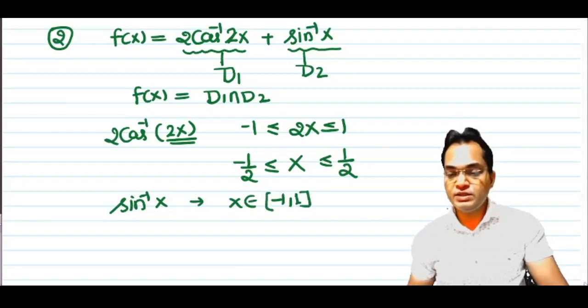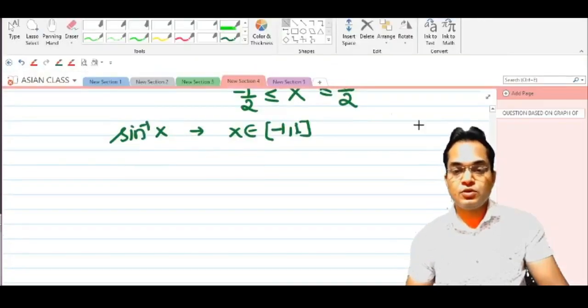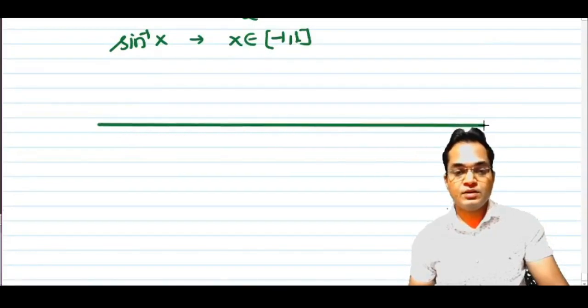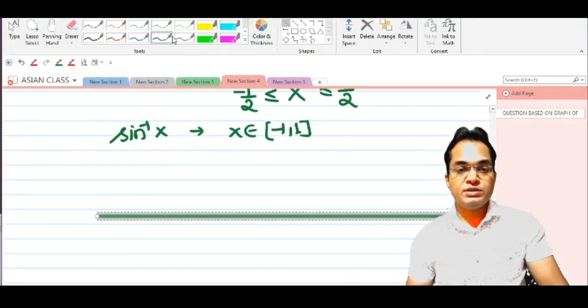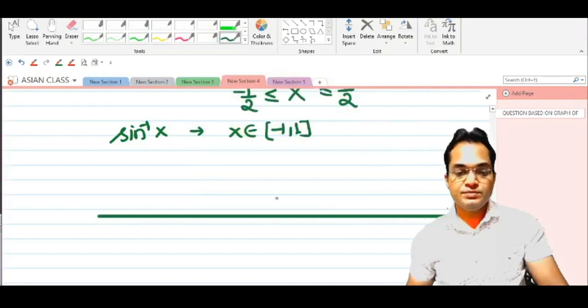What is the meaning of intersection? Intersection means the common region. Okay, let's draw the common region. Here is a line, and here are the points. First the -1 and 1.